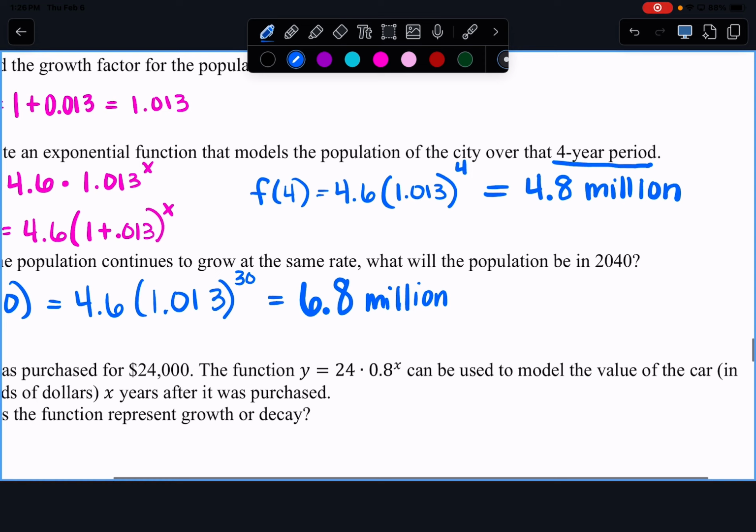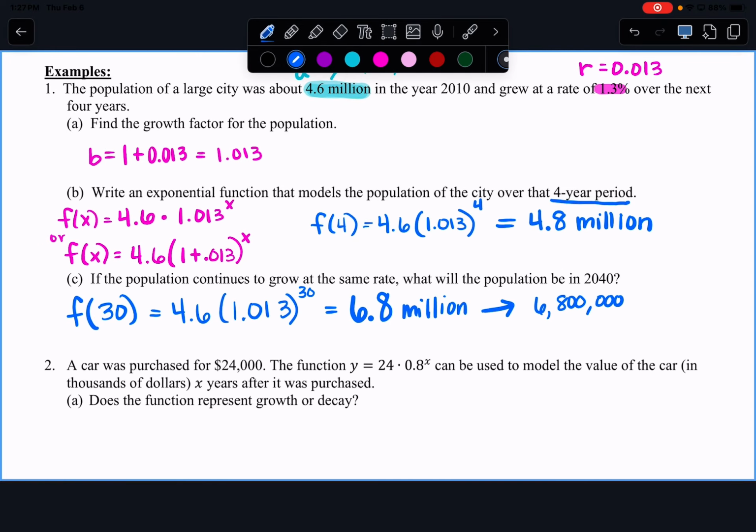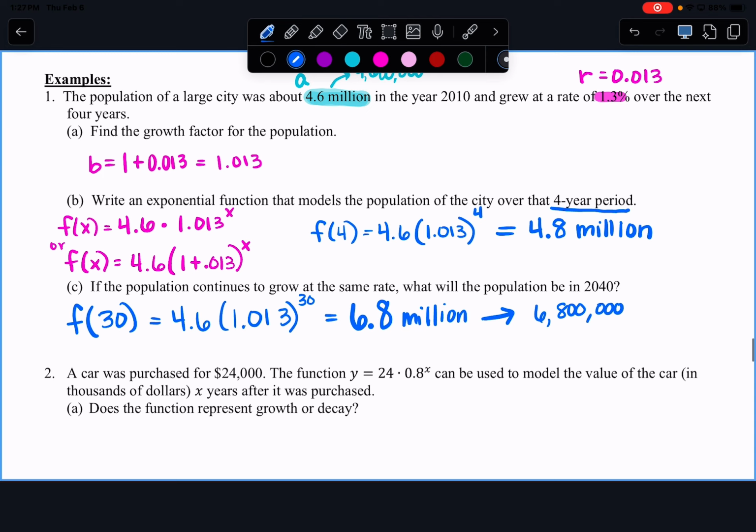And if I wanted to write that as an actual number, how would I write it? 6,800,000. Yep. All right. So that is how we do a population problem. Anytime we have a population problem, that's how we do it.